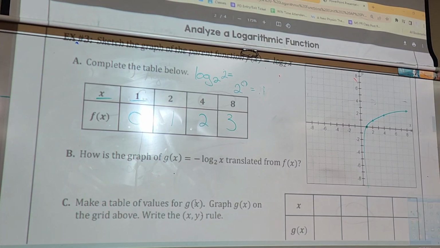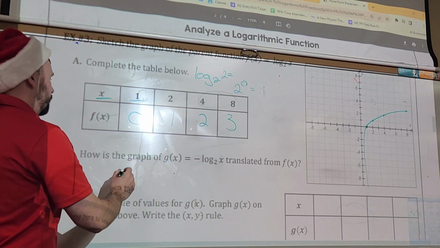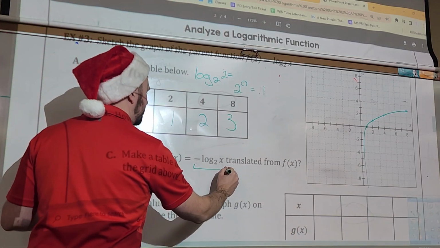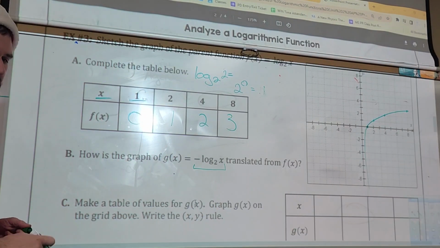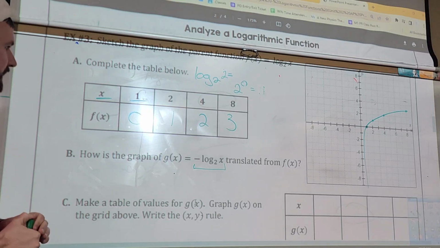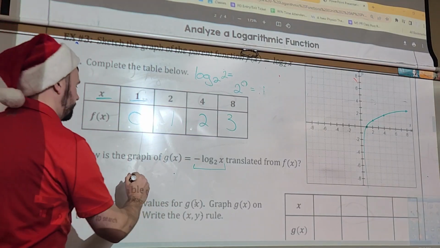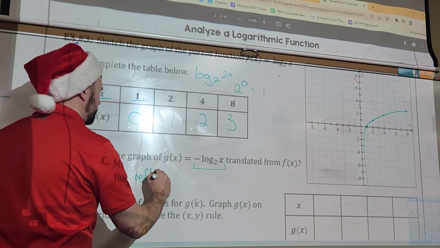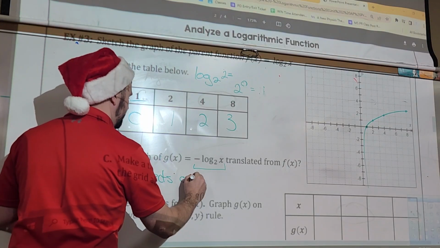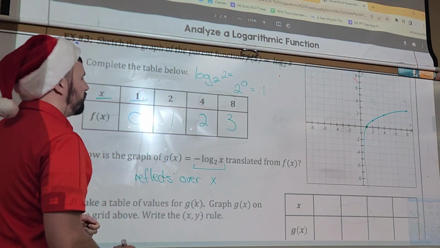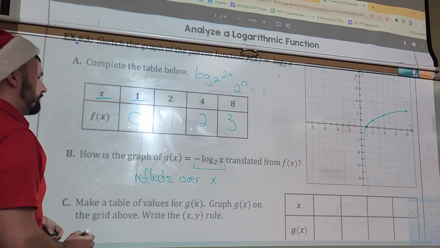Now, if I were to graph it with a negative, what would that do to it? It flips it, reflects over x. So what happens to all my y values?